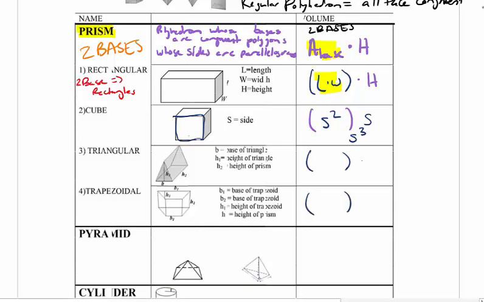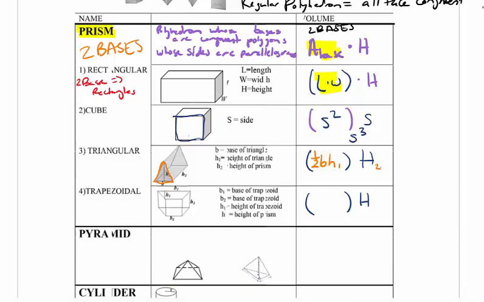So on each one of these, I'm going to write down parentheses times height. And this is a triangular base. So again, I'm going to draw it on here to make sure you're clear. This would be 1/2 the base times height 1, which is the height of the triangle. The height 2 is the height between the two bases.